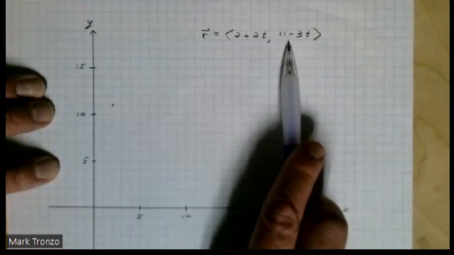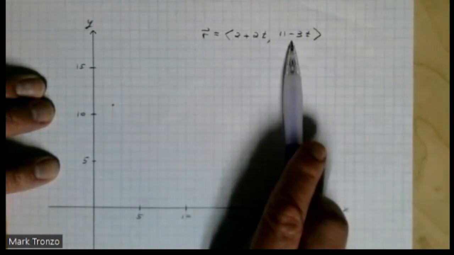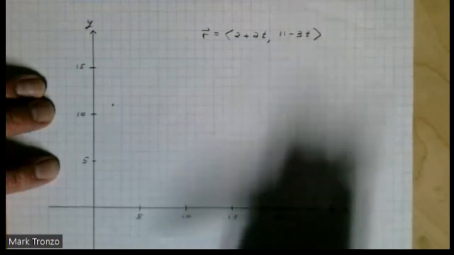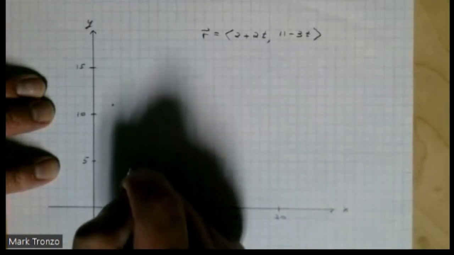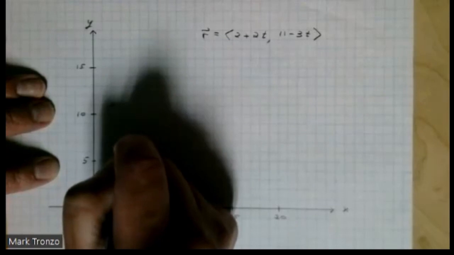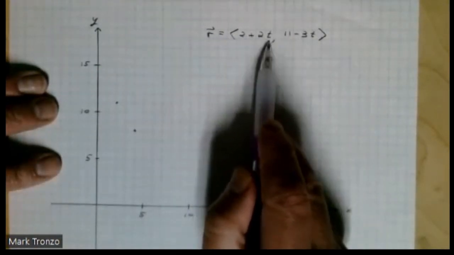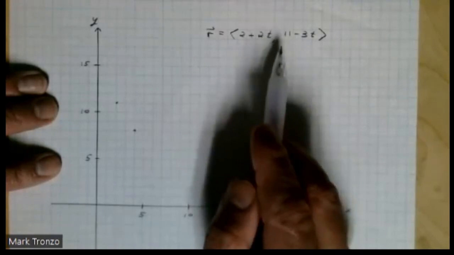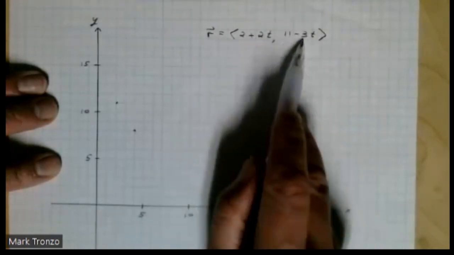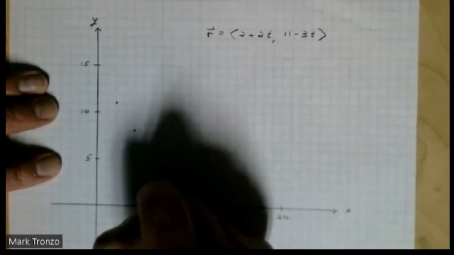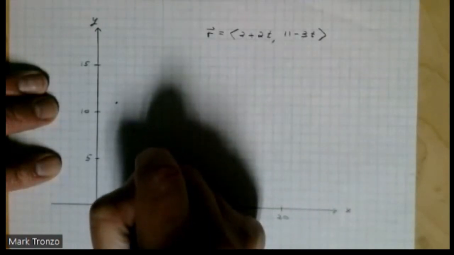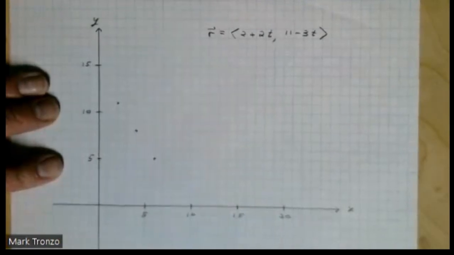When t is 1, y is going to be 8. When t is 2, x is going to be 6. And y is going to be 5. And so on and so forth.